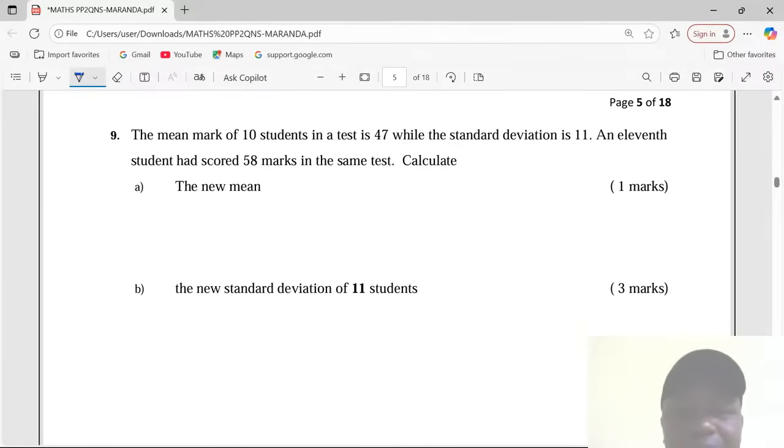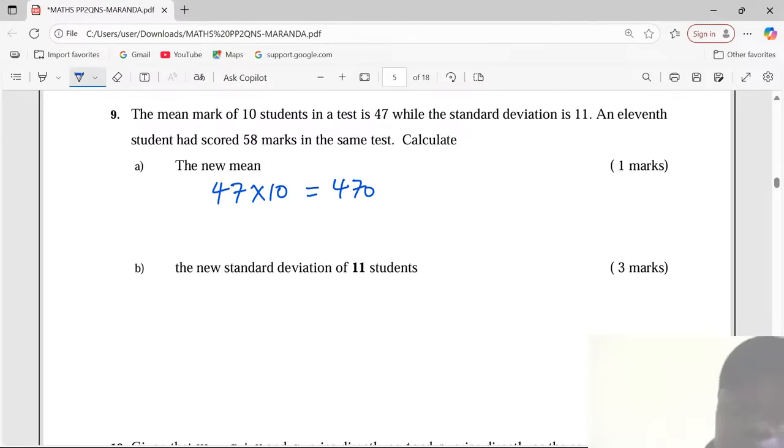What you're supposed to understand here is that if 10 students have a mean of 47, then we can get their total marks. 47 times 10 students gives 470 marks. Then there comes another student with 58, and now we divide the total marks by 11.